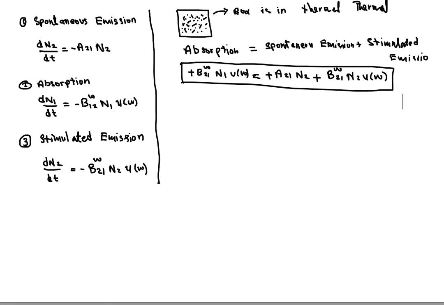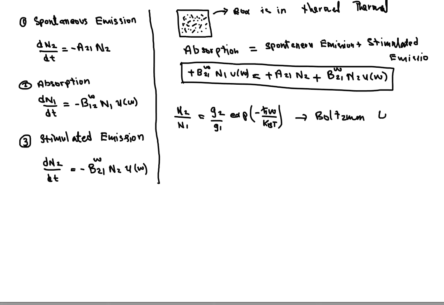The one is the Boltzmann law, and the Boltzmann law says that the ratio of atoms in N2 to N1 will be equal to G2 to G1 exponential minus h cut omega over kBT, where G2 is the degeneracy of level 2 and G1 is the degeneracy of level 1.